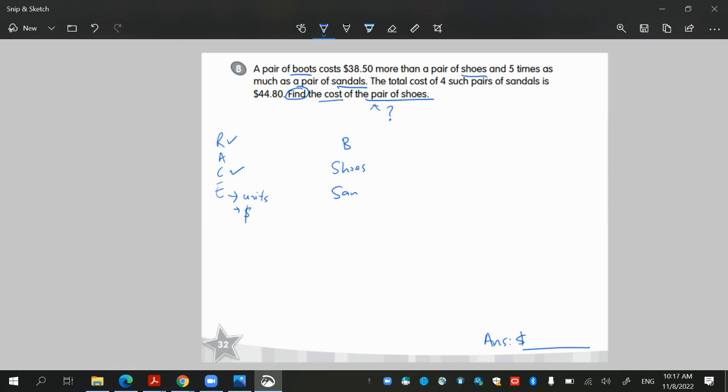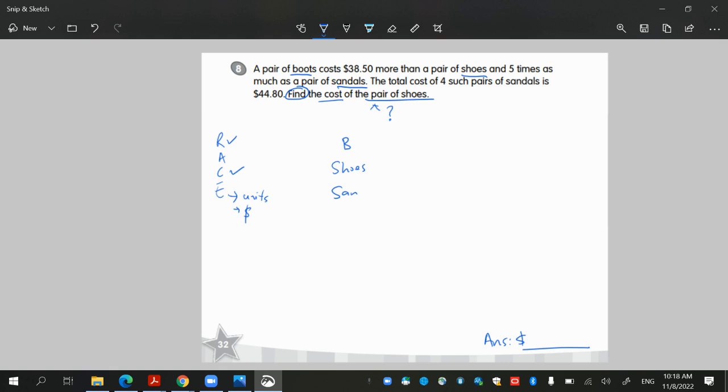Do you know the pair of the sandals? How much does it cost? Also no. So it becomes complicated when you have so many things that you don't know. So you need to figure out what do you know and how to put the information together. The information given is related to these three items and how they are related to one another.